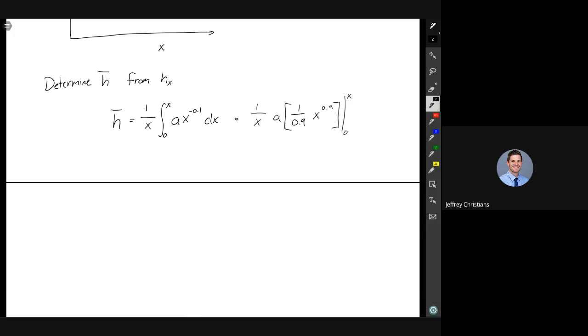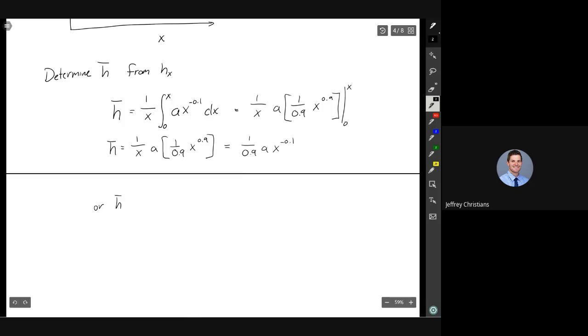Okay, so this would give us h bar is 1 over x, evaluated from 0 to x, it would just look like that, which is equal to 1 over 0.9 A x to the minus 0.1.